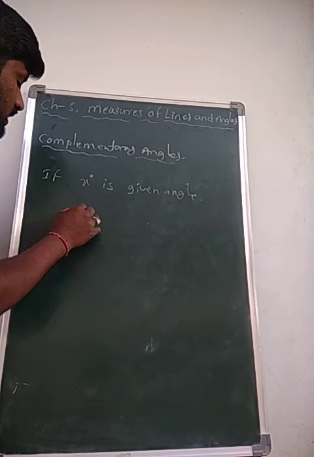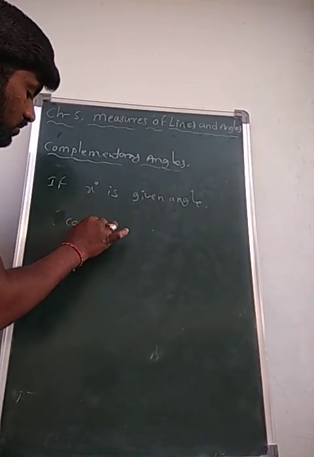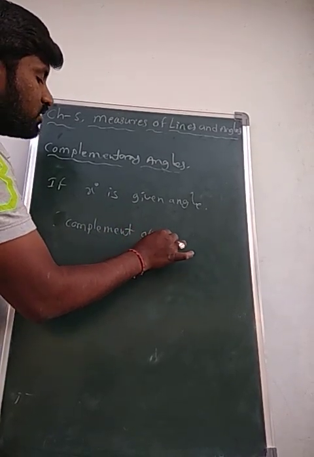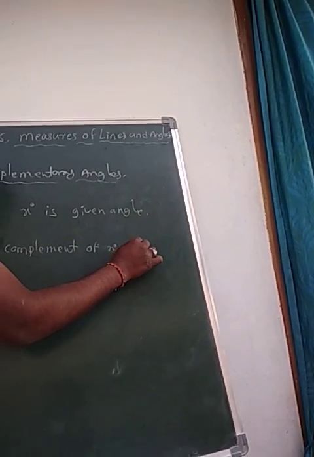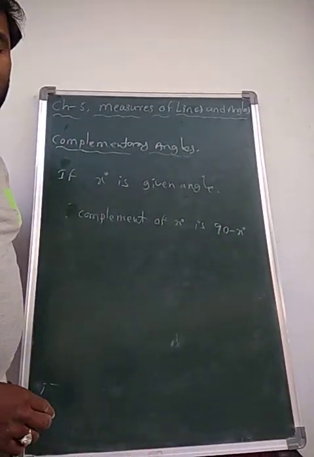So the complement of x degrees is 90 minus x degrees.